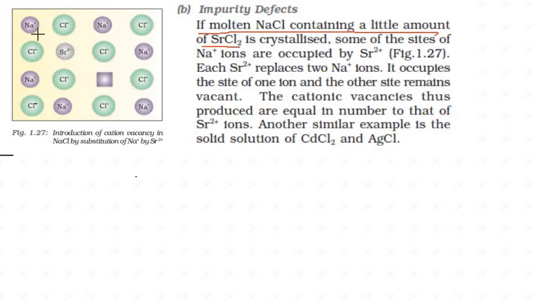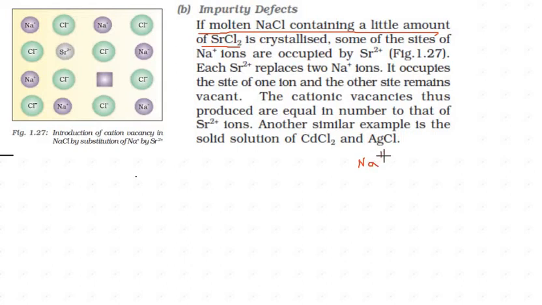It contains Na plus as cation and Cl minus as anion, so alternately these anions and cations are arranged in the crystal. But if you add a little amount of SrCl2, please note this Na has a monopositive charge. This is Na plus.